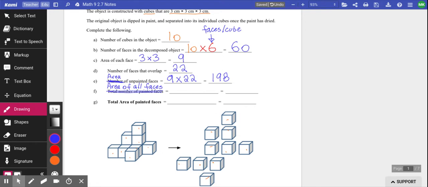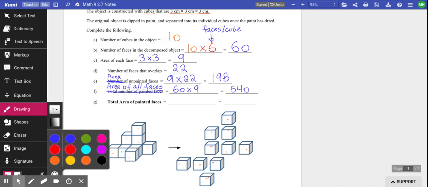So if I would do the area of all the faces, we counted that there was 60 total faces times 9, which is the area of just one face. If you put that in your calculator, you get 540.